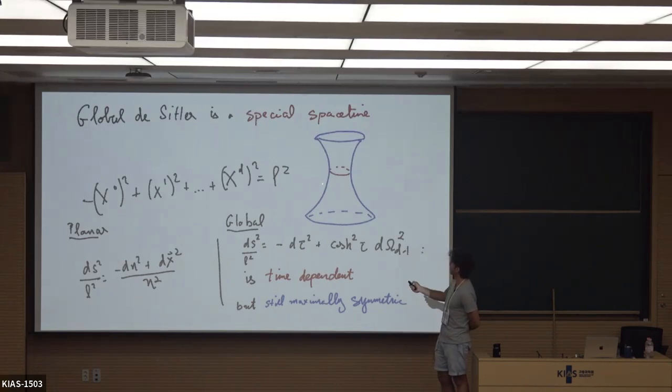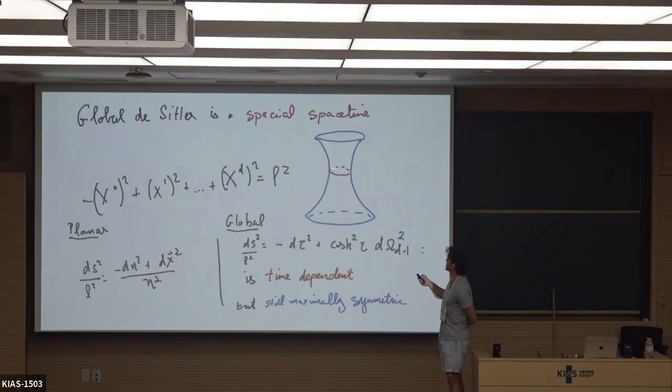But because of this minus, the global slices of the spacetime are spheres, and they grow in time. So this is the simplest example of an accelerating cosmology. And it's relevant for the early universe and the future of our universe as well.